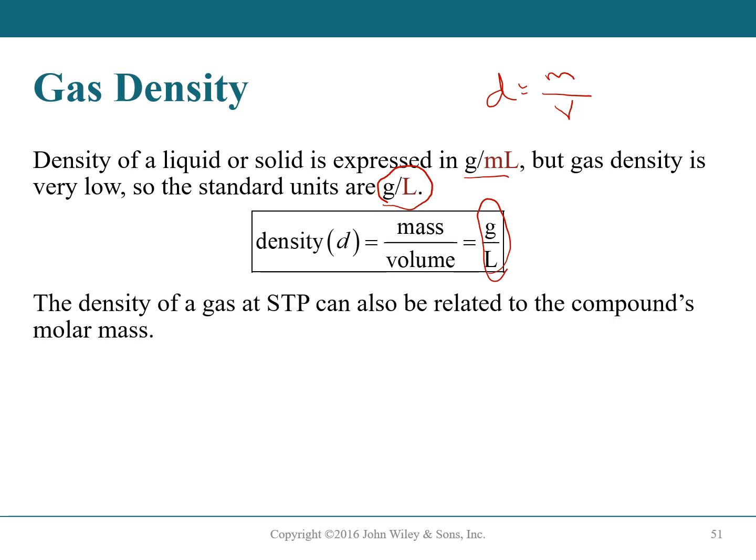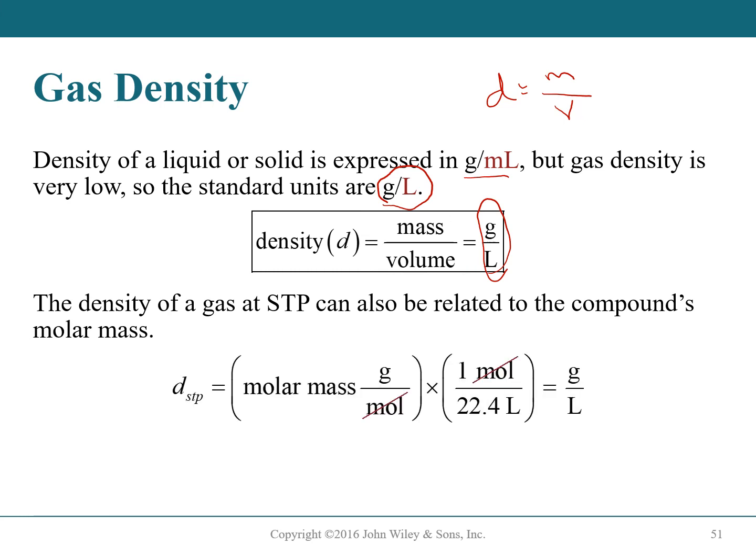Okay, so the density of a gas at STP can also be related to the compound's molar mass. Well, how is that possible? So here, this is molar mass, and that's grams per mole. And then at STP, we know that the molar volume is 1 mole per 22.4 liters. So the density would be grams per liter.